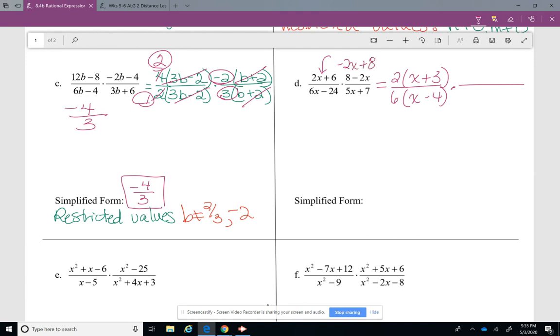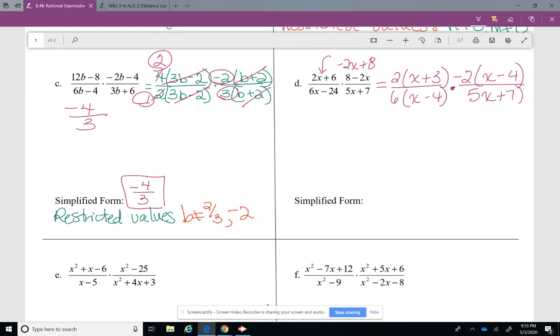I like to put the variable first and the constant second, because if I'm going to figure out whether or not I can cancel, that's usually the order that what I can cancel with will be in. So we're going to pull out a negative 2. Negative 2 times x is negative 2x, and negative 2 times negative 4 will give me the positive 8. And in the bottom, I can't do a thing with that denominator.